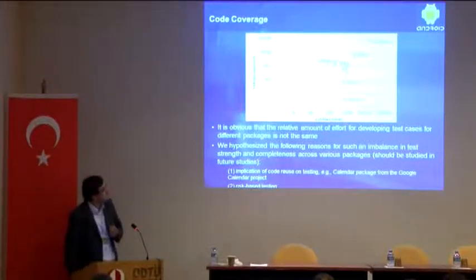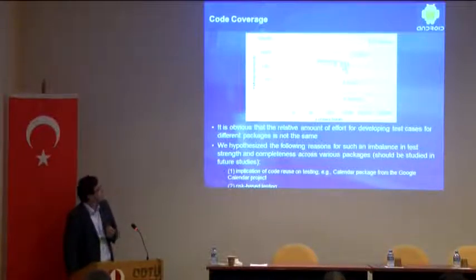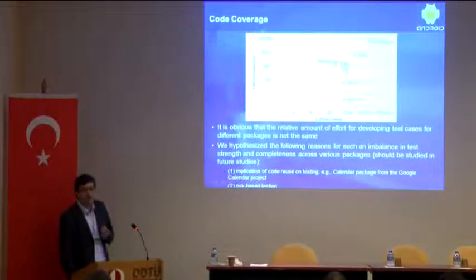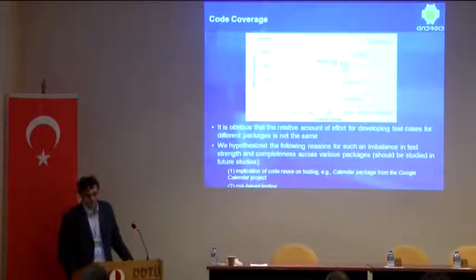So let's try to make sense of it. You have these many packages, all of a similar size, but they have different coverage metrics. Global search is smaller than calendar in terms of size of code, but it has been tested more. So you start to ask why that's the case.